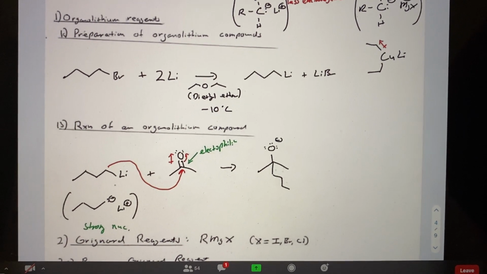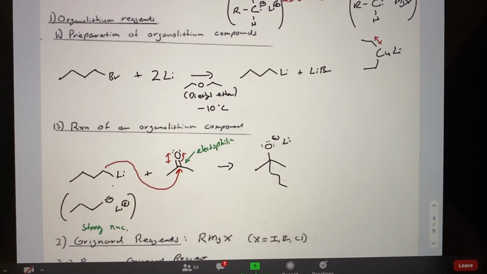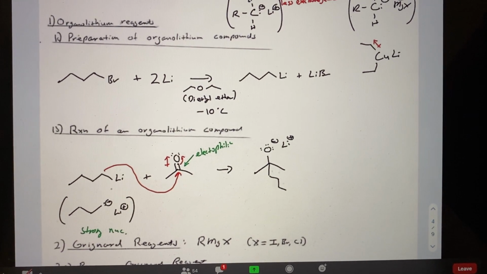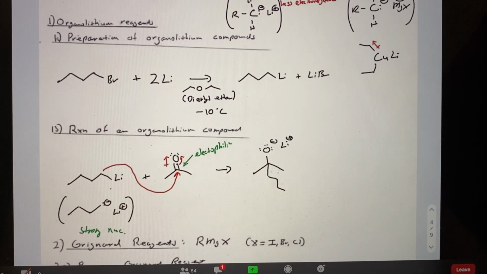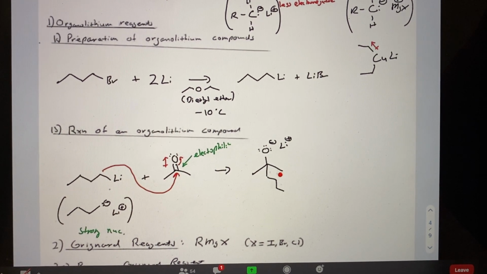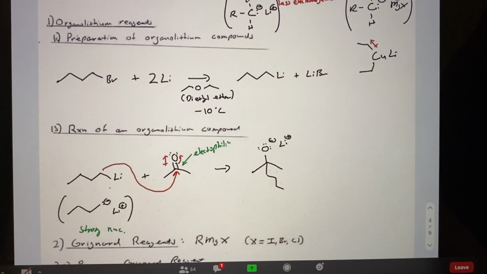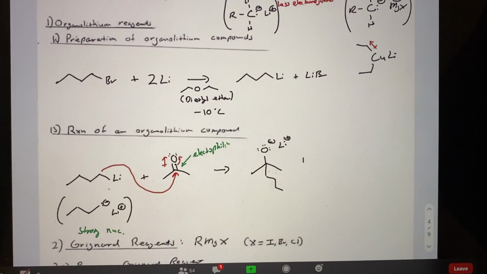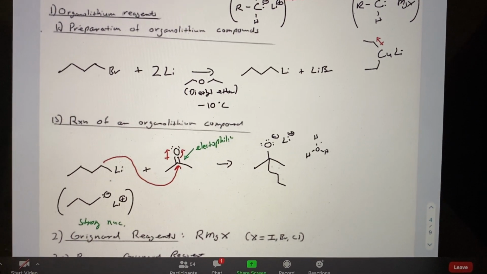Now, a little bit more detail: if we wanted to balance formal charges, our lithium ion is going to be hanging out and coordinating with that oxygen. And now we need to look to see, do we have a leaving group that we can use? We have carbon, carbon, and if this were to leave, it'd go back to what we started with. Carbon is going to be a bad leaving group. So what we'll do in reality is we let the reaction go, and then in the end, we might just add in a little bit of water carefully that's slightly acidic.